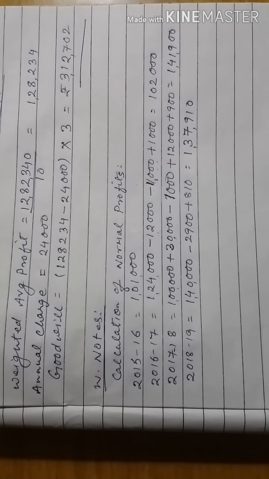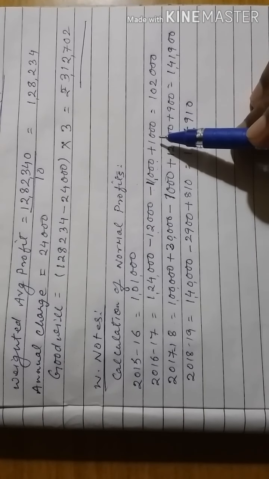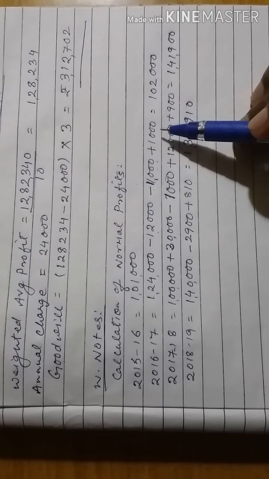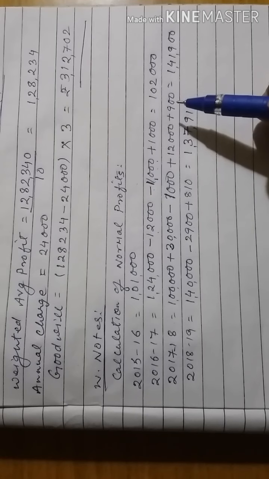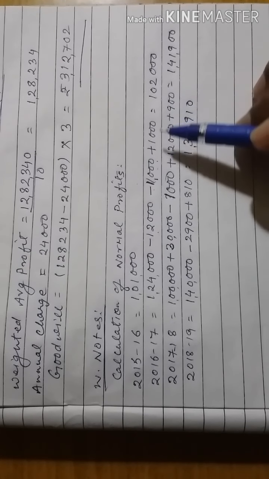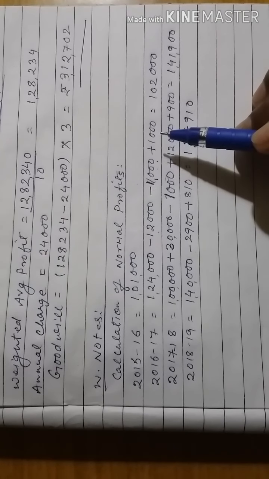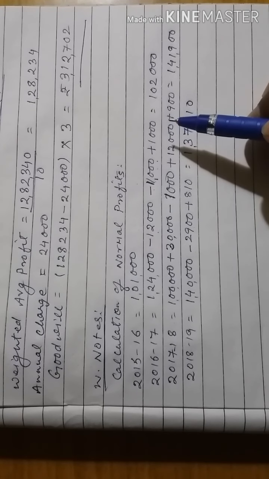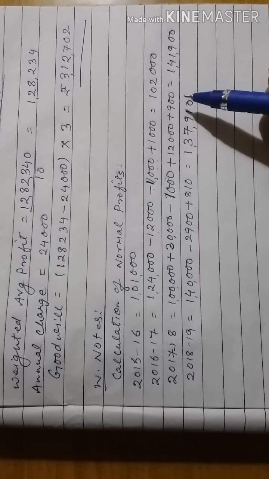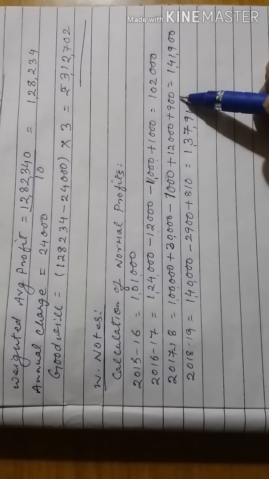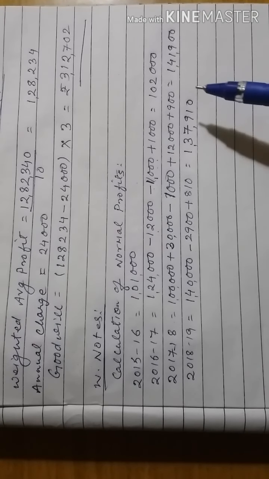It is 1,000 rupees for this particular year, then 10,000 rupees minus 1,000 rupees is 9,000. So on 9,000, depreciation will be 900 for next year. Like this we will do the adjustment.